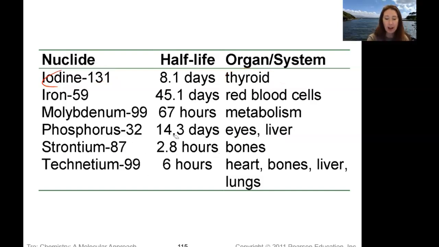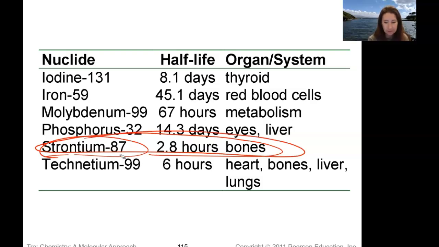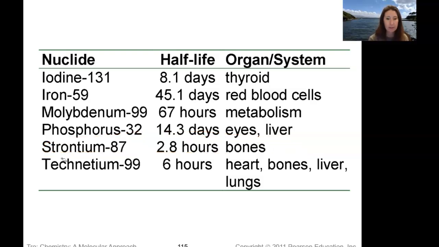So depending on what a doctor is looking for, they're going to use a different tracer, right? If you've ever had a stress fracture or something of that sort, and they said, okay, you're going to sit here for 3 hours and we're going to watch this, they gave you strontium, right? So if you've ever been an athlete, that's the one you had, strontium. Okay.